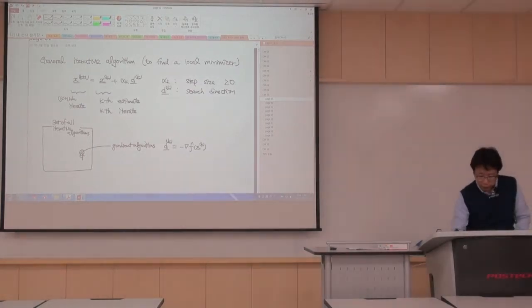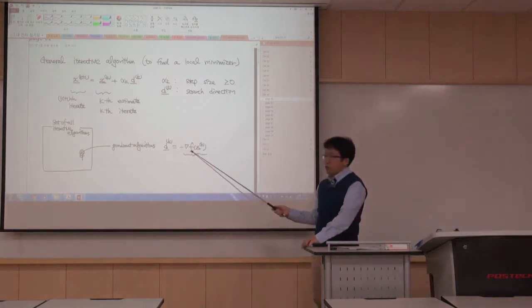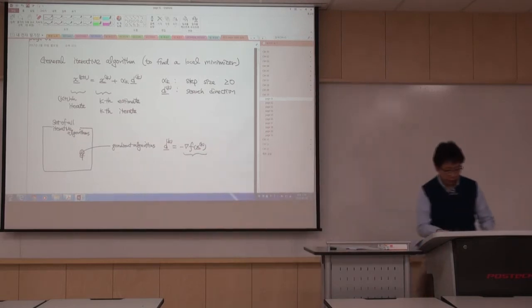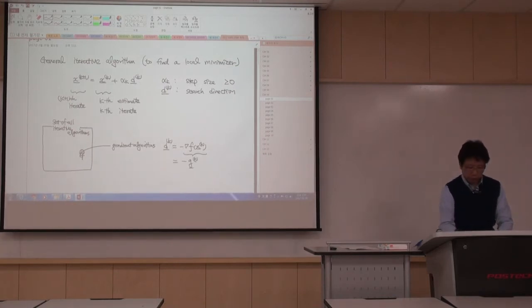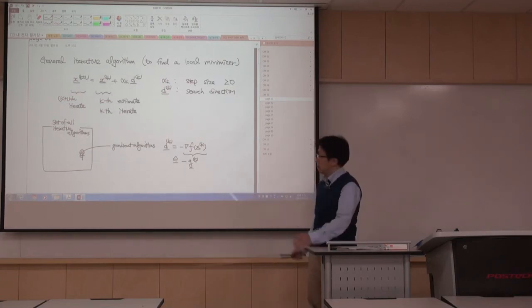Okay. For convenience, we set this first order derivative of f as g. So here you may say that the direction is minus g sub k. Right? So this is our notation.